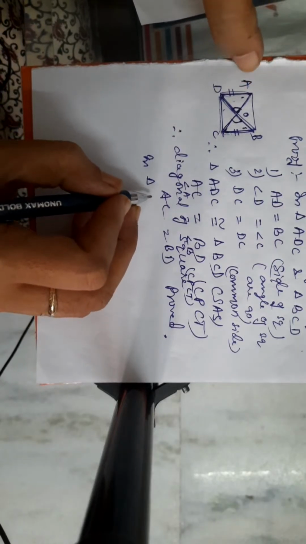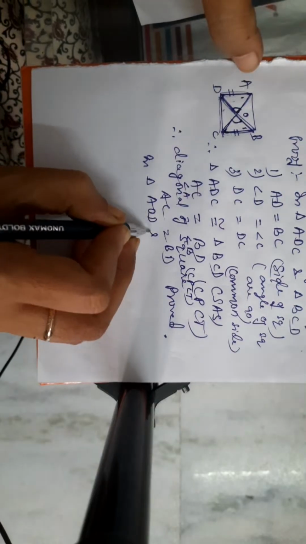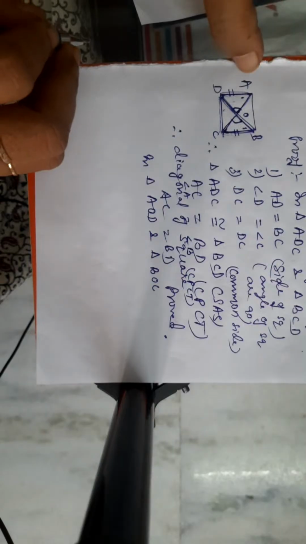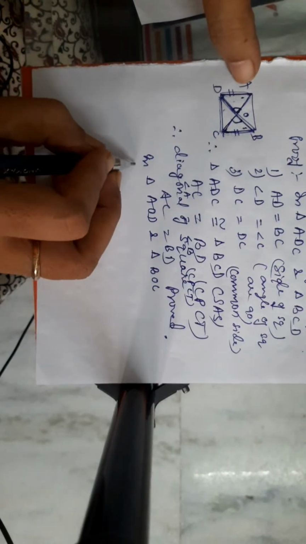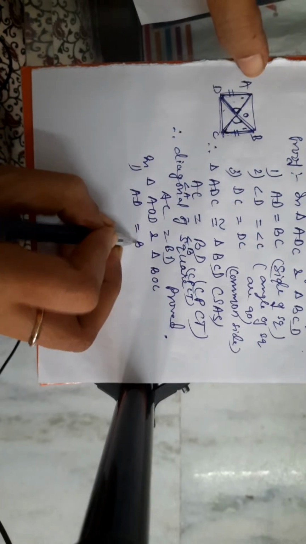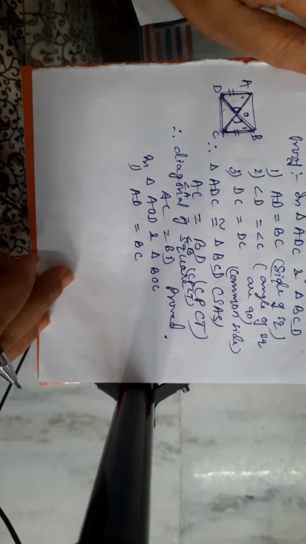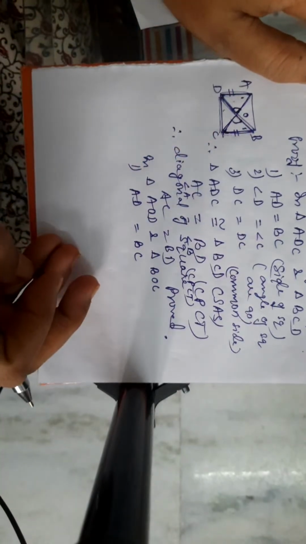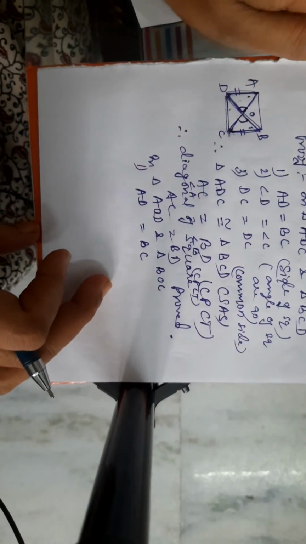In triangle AOD and triangle BOC, we have taken two triangles. First point: AD is equal to BC. How did AD and BC become equal? They are sides of the square. In a square, all the sides are equal.